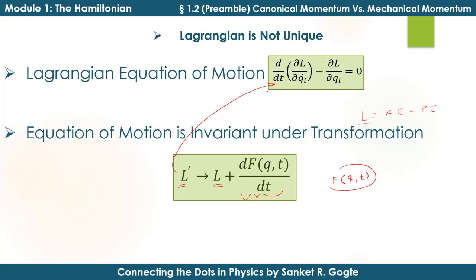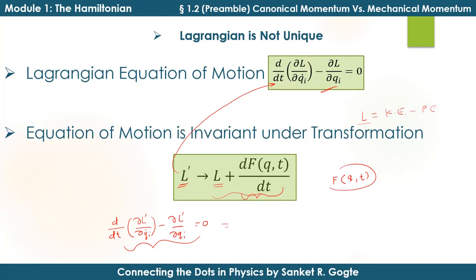For that, all we need to do is plug this new Lagrangian L prime into the equation of motion, which is d/dt of ∂L/∂q̇_i minus ∂L/∂q_i equals 0, but instead of L now we have L prime, which is given by this equation. To prove that this equation of motion is the same as the equation of motion for the original Lagrangian, all you need to do is plug this right hand side into the equation.